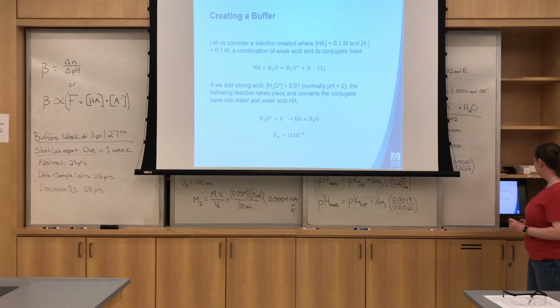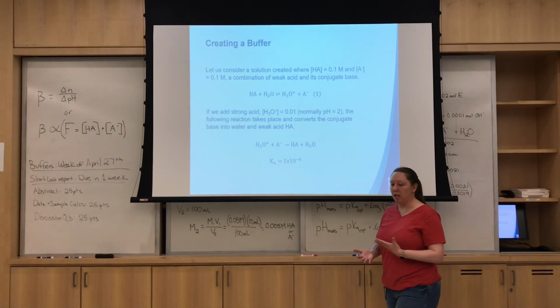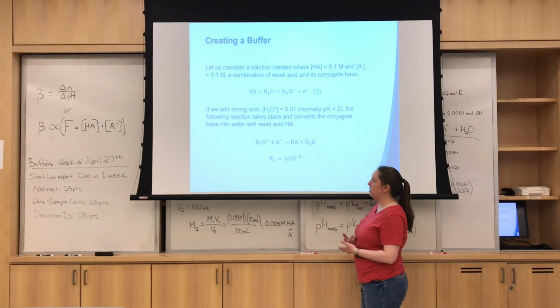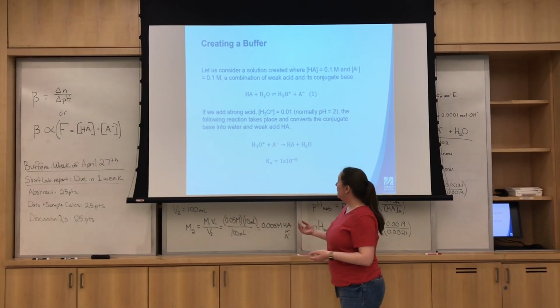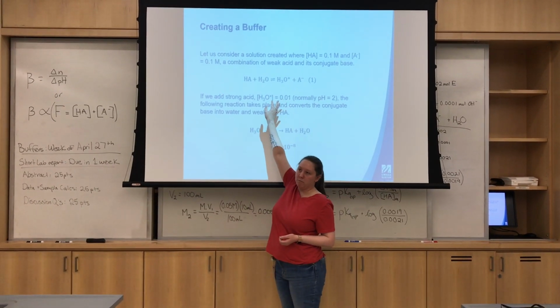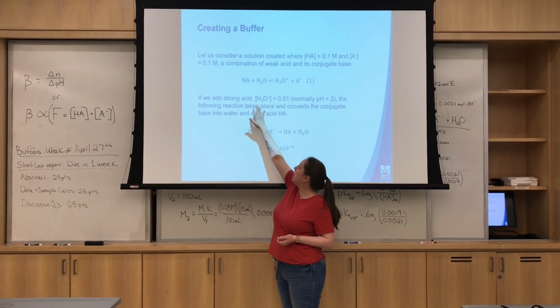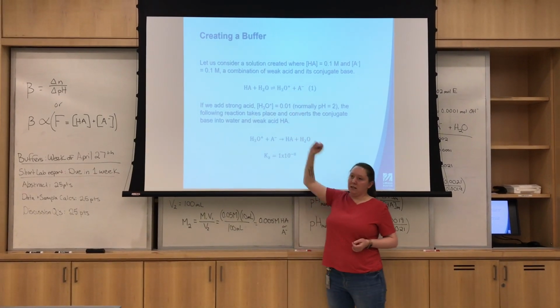Okay. So, what happens when you start adding a titrant in? In this case, we have our equilibrium equation of HA reacting with H2O to make hydronium and A minus.